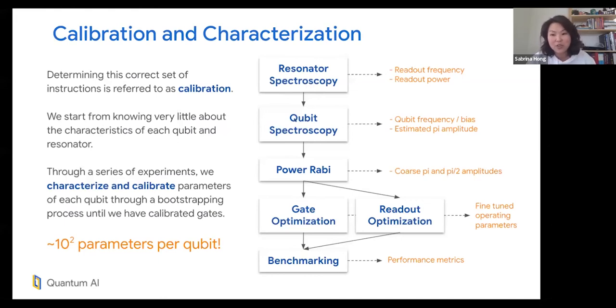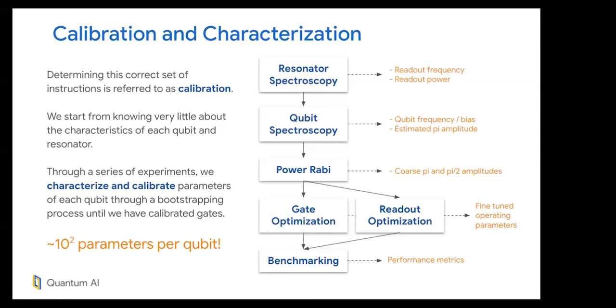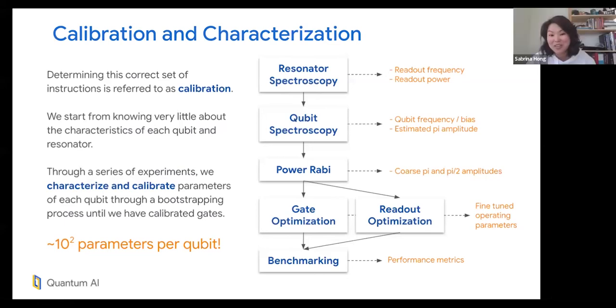So if you look at the figure on the right, for example, if you're thinking about a single qubit, a single transmon, you have a single qubit that is coupled to a readout resonator. So first you need to figure out, okay, how do I read out the state of this qubit? I might perform something like resonator spectroscopy to find out where the center frequency of that resonator is, and also what kind of power I need to drive my microwave tones at to be able to address the qubit without saturating anything.